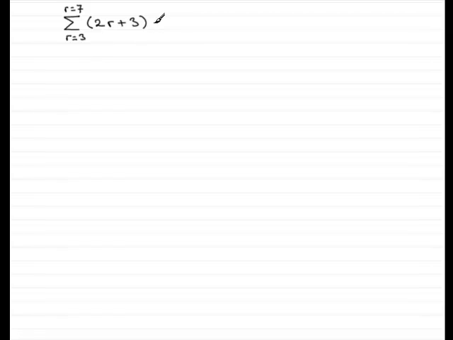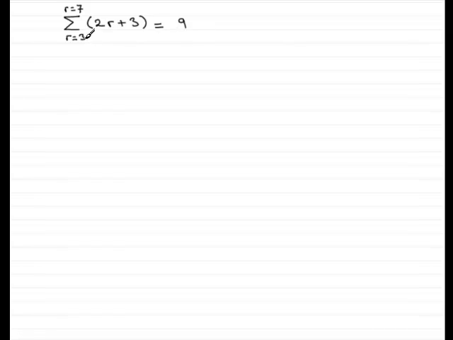So how do we do this? Well, basically the same as we did the earlier one, only we start with r equals 3. And if you substitute r equals 3 into here, you get 2 times 3, which is 6, plus 3 is 9. So the first term in this particular series is 9.